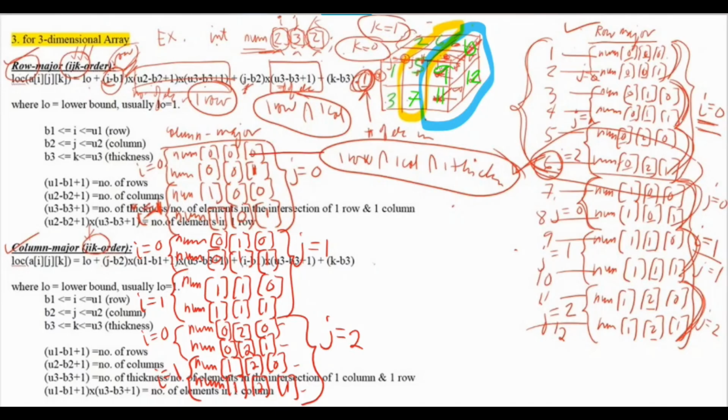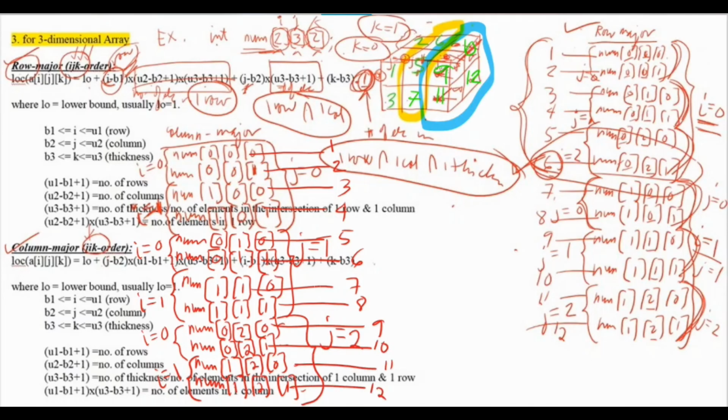For the column major order list of elements in the RAM, this is position or location 1, this is position or location 2, this is 3, 4, 5, 6, 7, 8, 9, this is the 10th, and this is 11, and this is 12.